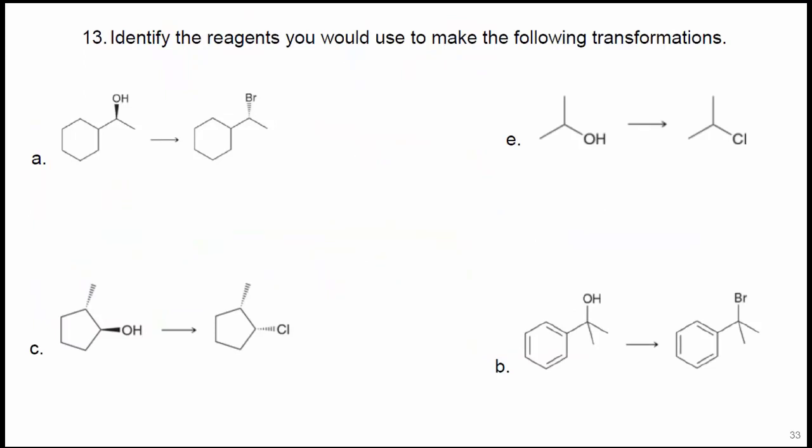Okay, this is a couple of problems from yesterday's material, just to jog our memories on how to transform our OHs into something else. What reagent could we use to convert an alcohol to a bromine where we switch the stereochemistry?